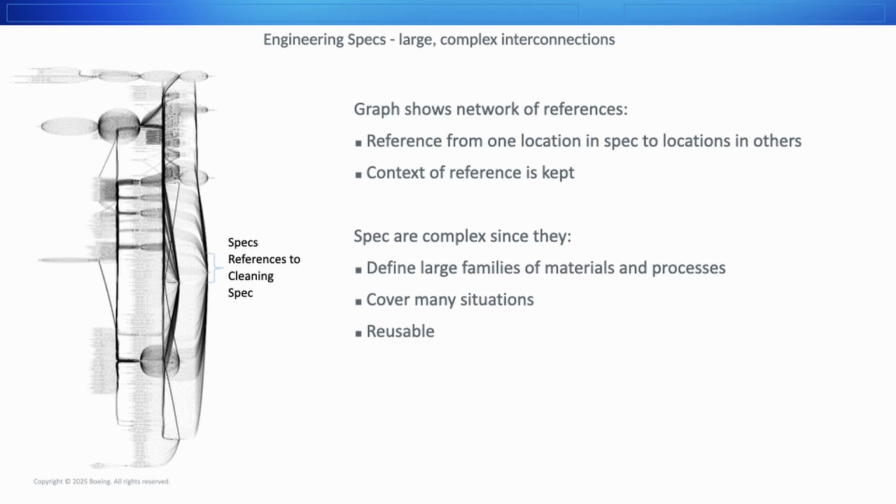And there's context here. Whenever you're traveling along a link, you have to keep the context of where you came from in order to interpret where you're going. And these specs are very reusable, so they appear in a lot of different contexts. So this is part of the problem.